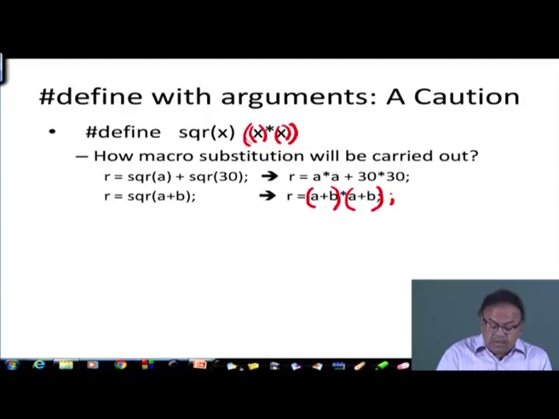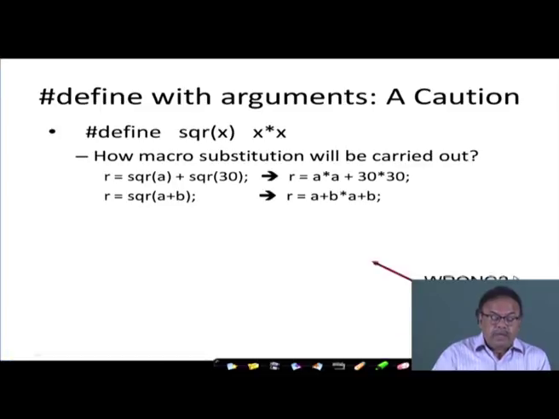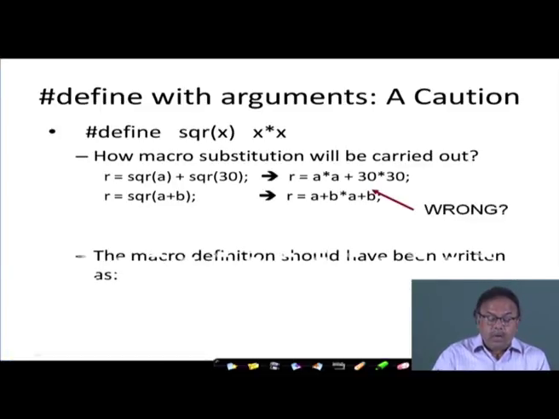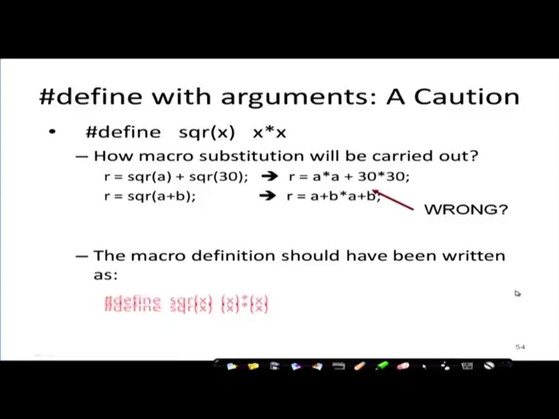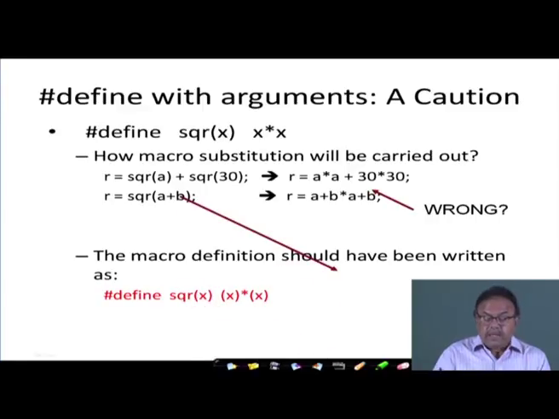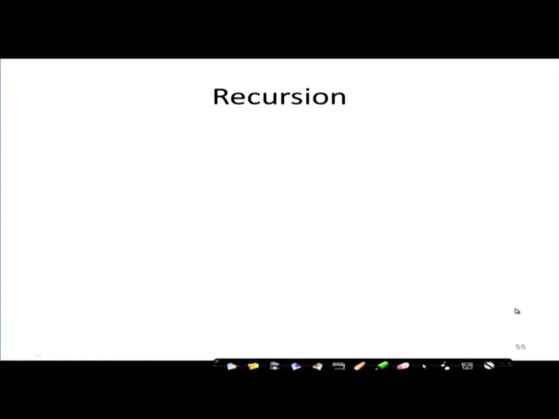But unless I do that, it will lead to a wrong result. Okay. So, we must be very careful about it. This is wrong, and the macro definition should have been written as I have shown, with parentheses around x times x. In that case, we would have got the correct result.